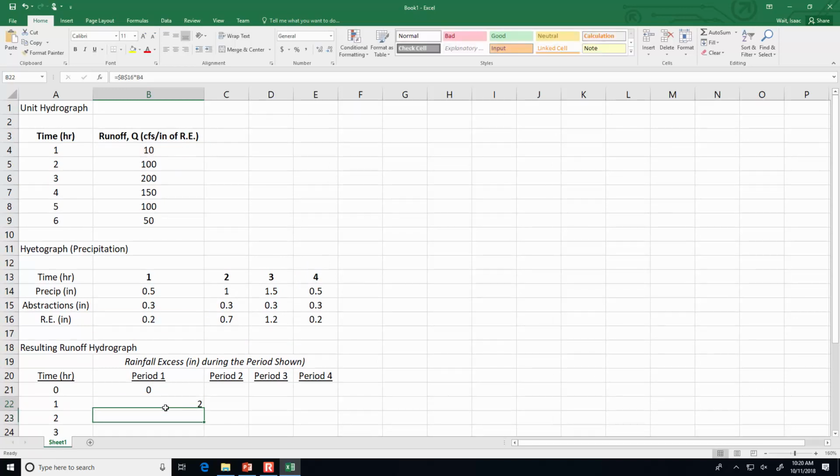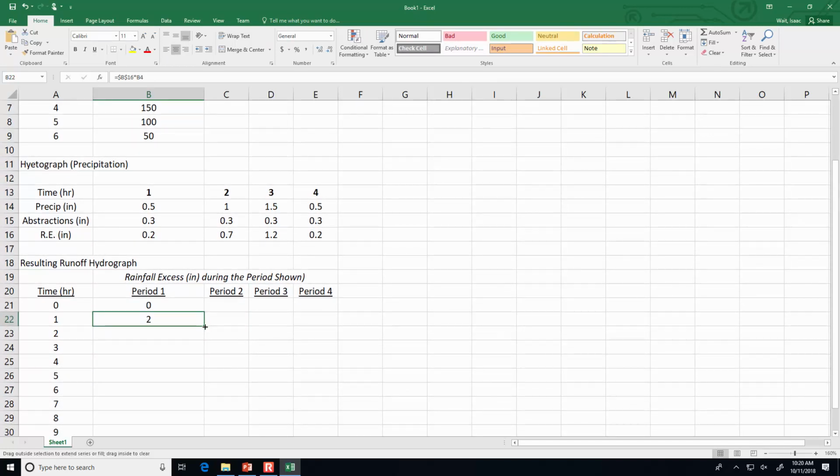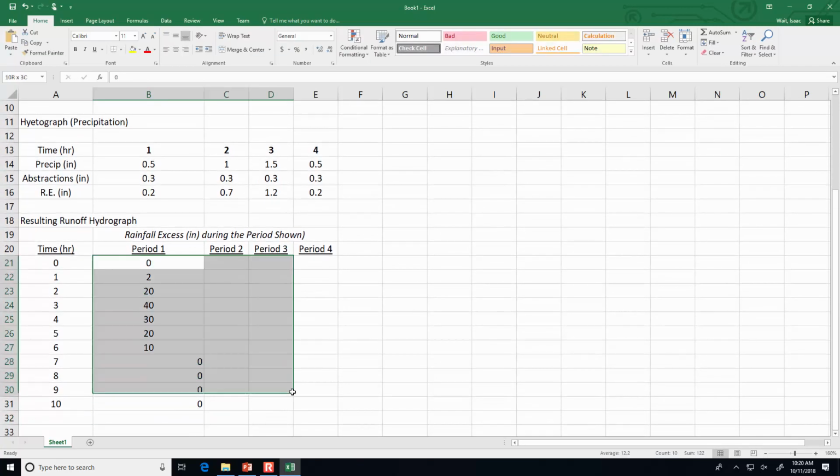So then that gives me the 2 CFS. And then if I drag that down, it's going to tell me how many CFS through each of those times. And then I have to just manually put in zeros for the rest. 0, 0, 0, 0.